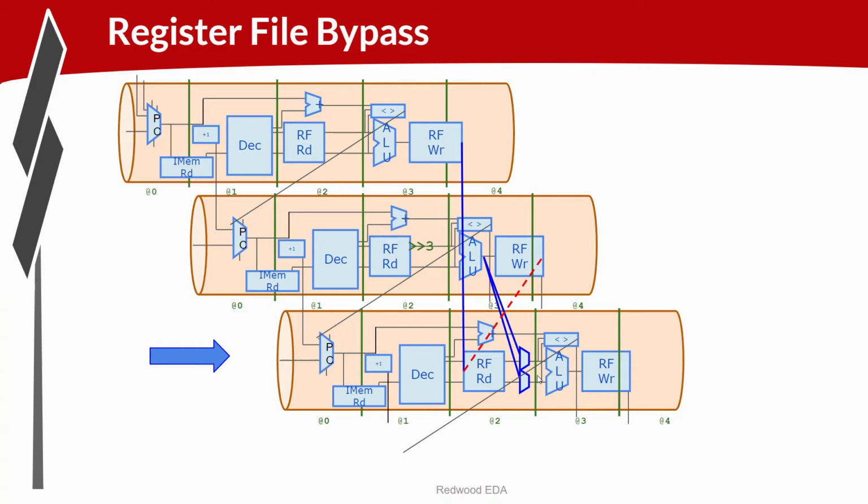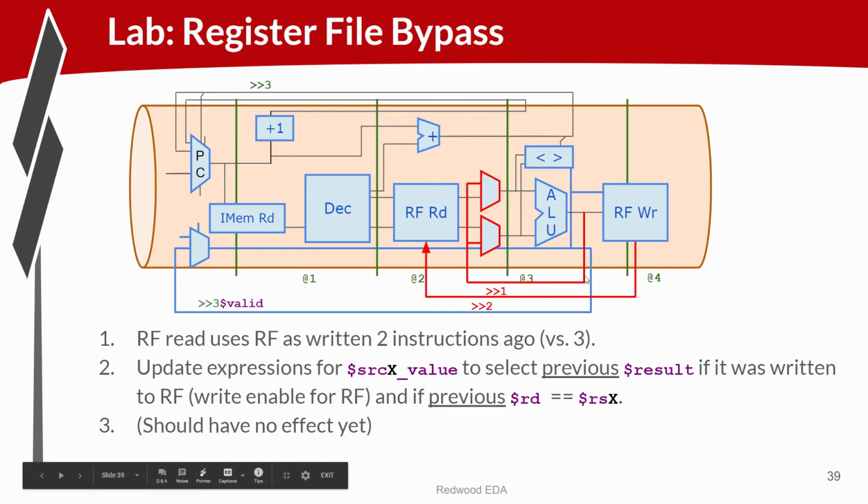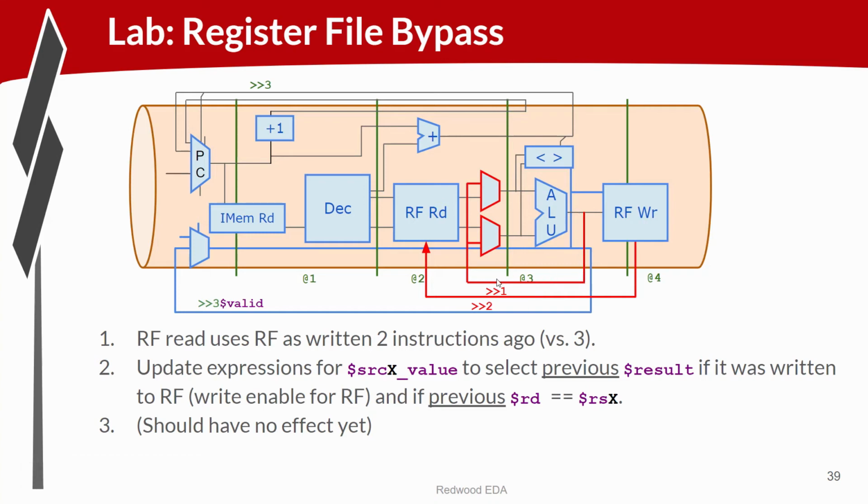And now we're going to look at adding these muxes and correcting this register file read path to not access the register file state from the previous instruction, but the register file state from the instruction 2 cycles ago, 2 stages ago. So now to implement this, looking at the logic no longer in waterfall form, we're now seeing the logic from one instruction feeding back to subsequent instructions as these loopback paths.